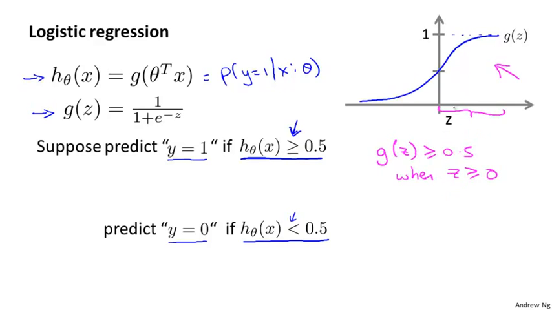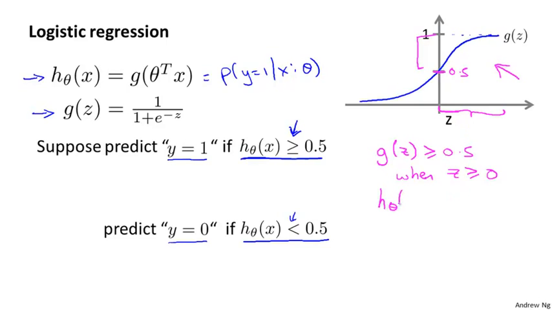So it's in this half of the figure that g takes on values that are 0.5 and higher, right? Because this notch here, that's the 0.5. And so when z is positive, g of z, the sigmoid function, is greater than or equal to 0.5.